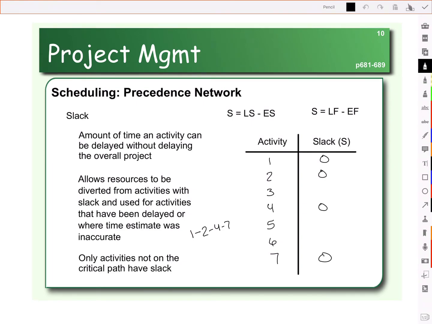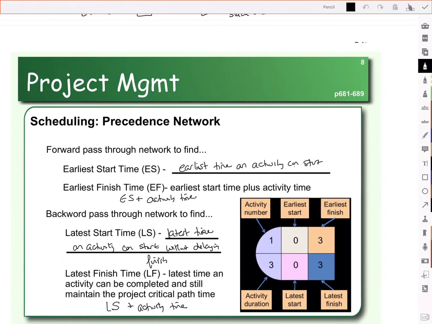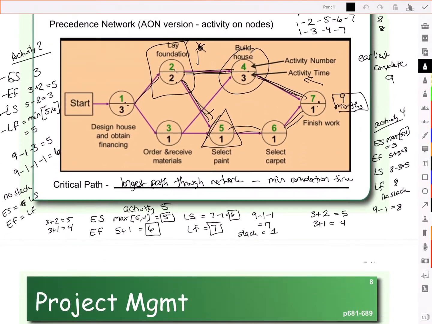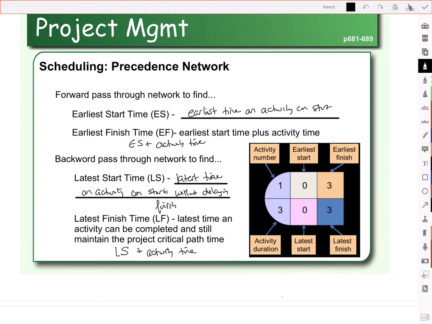We just found that activity 5 has 1 month of slack. And we could find out how much slack there is in activity 3 and 6 as well. We would use the same process, by going through and finding the early start and the early finish. If you want to try those, then we'll show you here in this video the solutions to them.